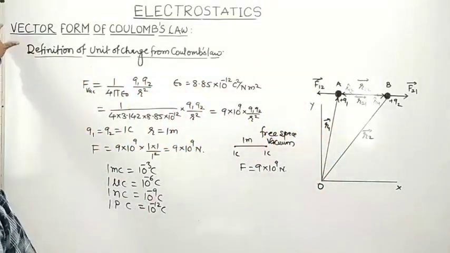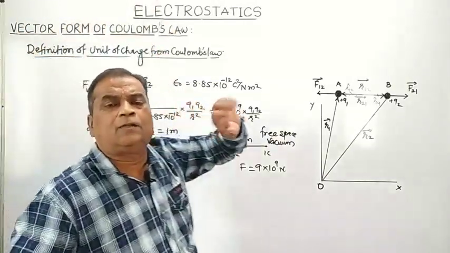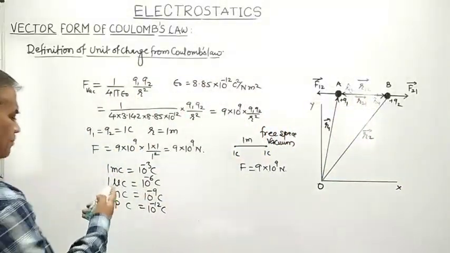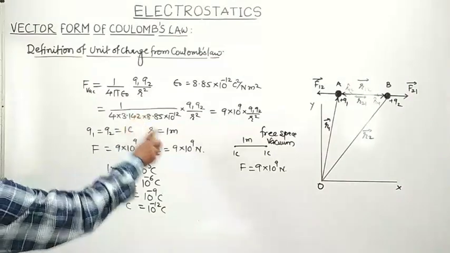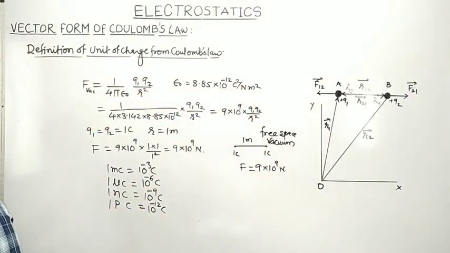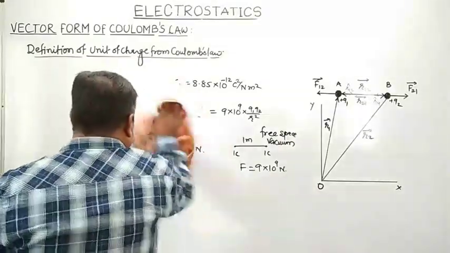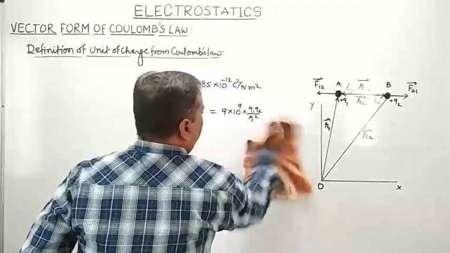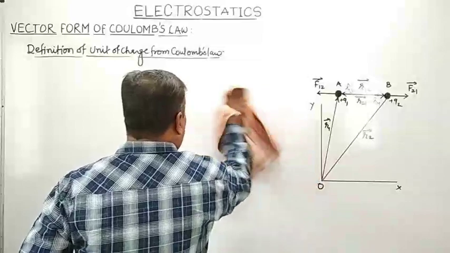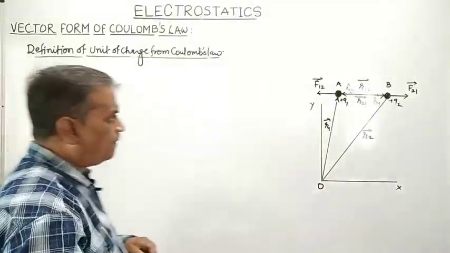Now here actually we want to write down Coulomb's law in vectorial form. So how to write down Coulomb's law in vectorial form? Just see here. As far as Coulomb's law is concerned, we know the force between two point charges separated by a finite distance is given by 1 upon 4 pi epsilon 0 q1 q2 divided by r square.